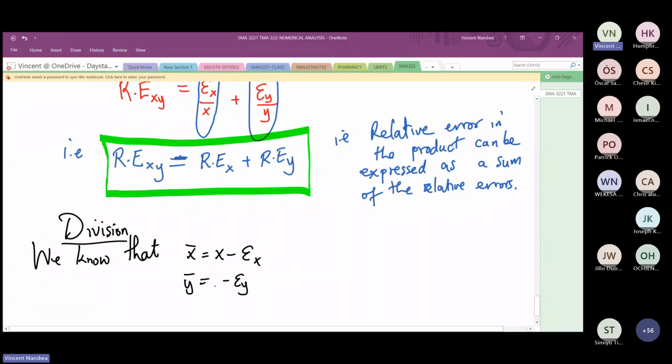I hope by writing these two equations, you see sense out of them. Yes.